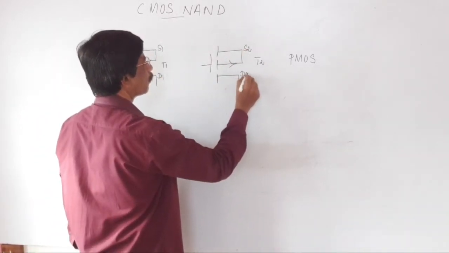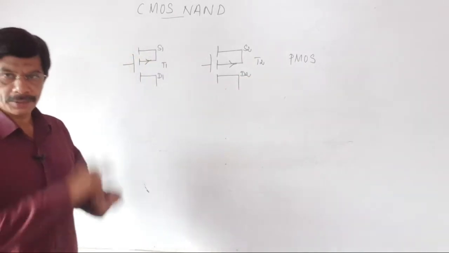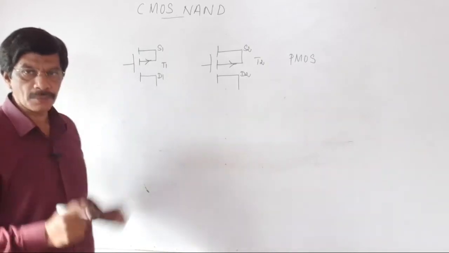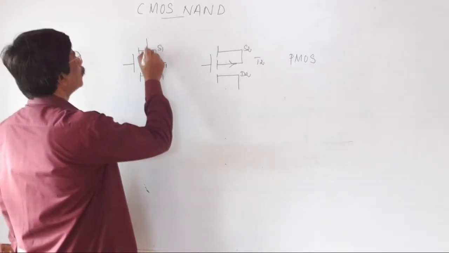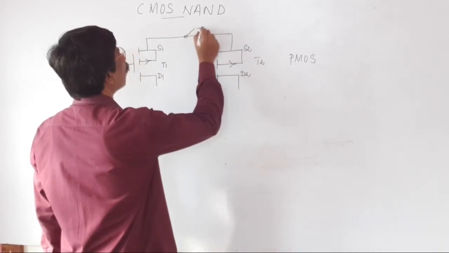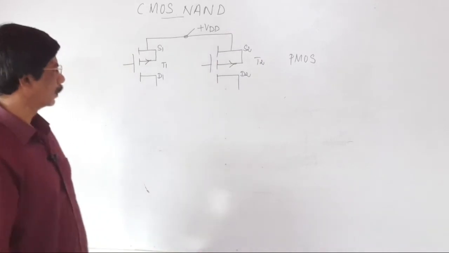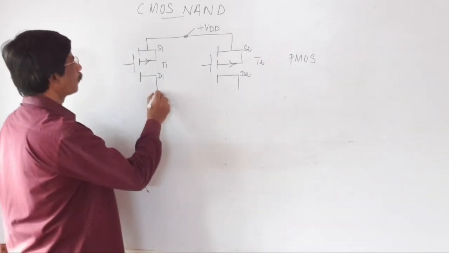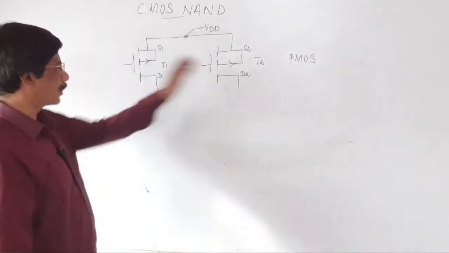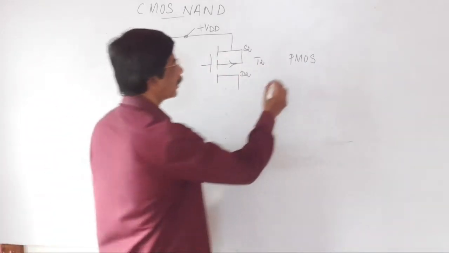Both source 1 and source 2 are interconnected, and connected to the positive of the power supply, plus VDD. These both transistors are PMOS transistors, acting as a load.